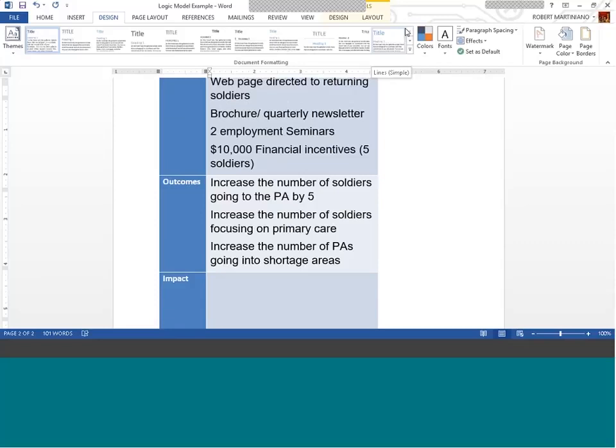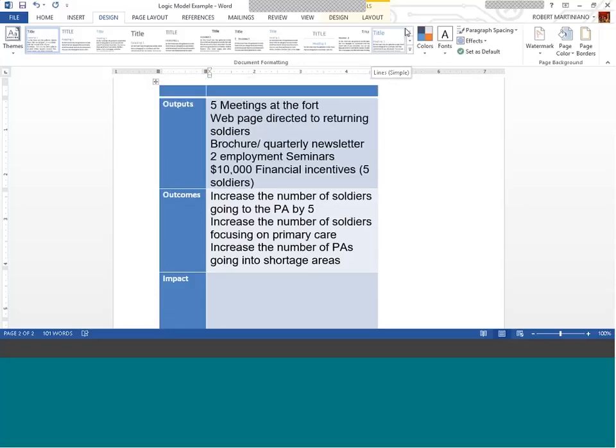Going back to our objective, which was to increase our PA program, partly focusing on soldiers, let's make that an outcome that we want to look at. So we want to look at the number of soldiers going to the PA program by 5. We want to increase the number of soldiers that are going into primary care, and hopefully we'll increase the number of PAs that are going into shortage areas.